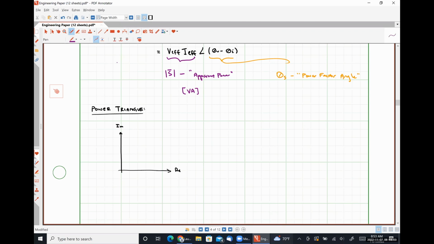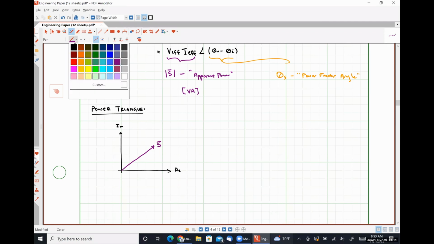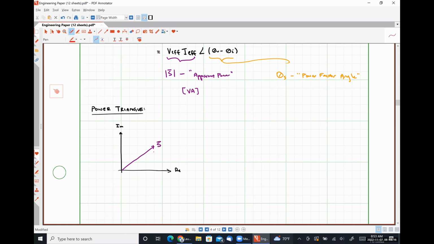Let's say that we have some complex power S. The projection of S onto the real axis is simply the average power.